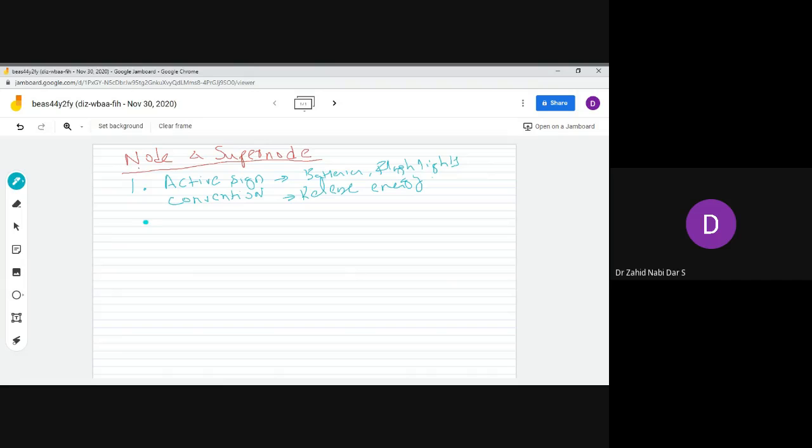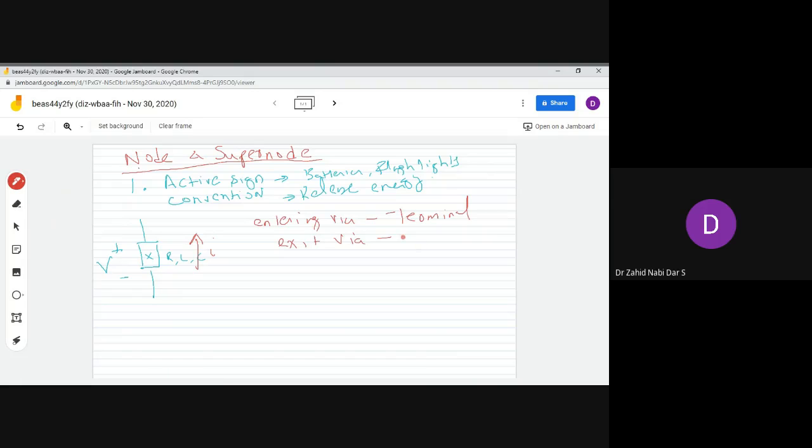If I draw an element over here, it can be a resistor, inductor, or a capacitor. It has a voltage polarity like this. Now my current I flows like this, so it is entering via the negative terminal and exiting via the positive terminal.